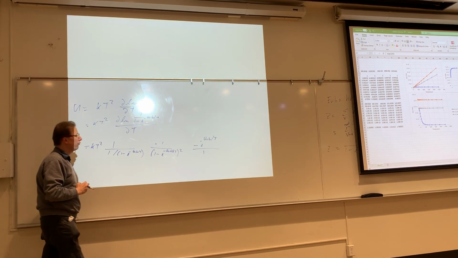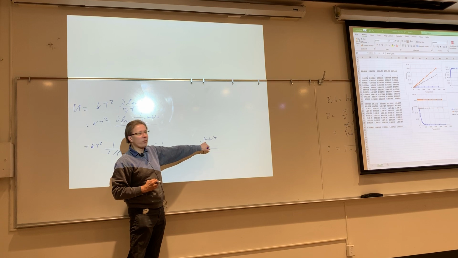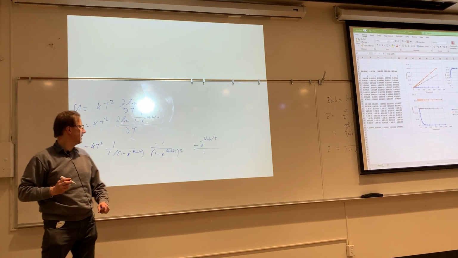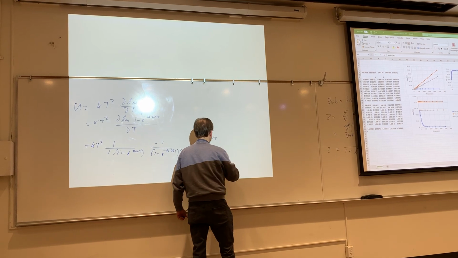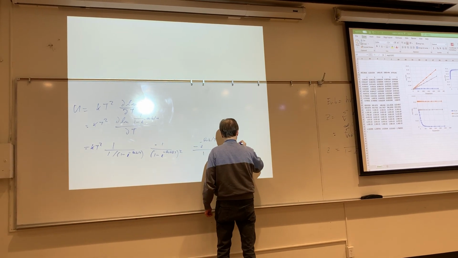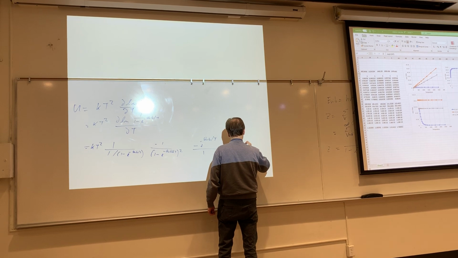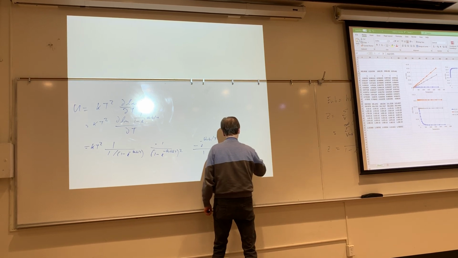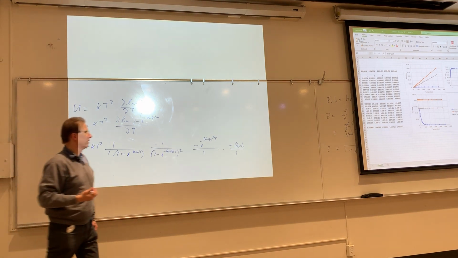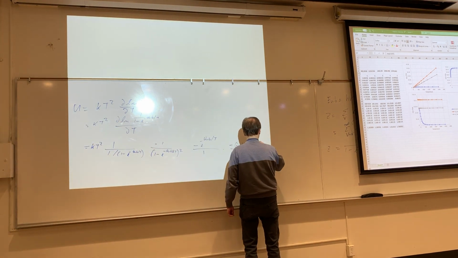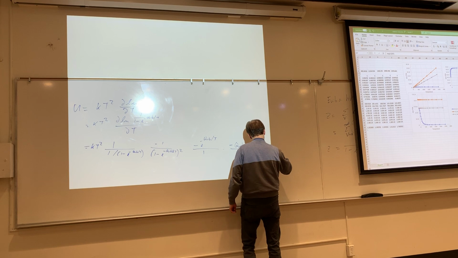And then the first derivative of what we have inside over here is minus q over 1. And then the first derivative of 1 over T is minus 1 over T squared.